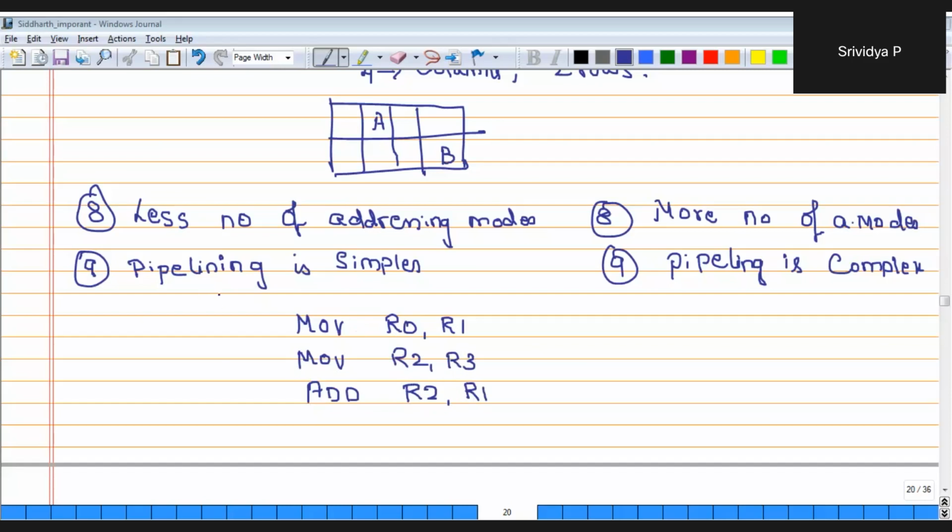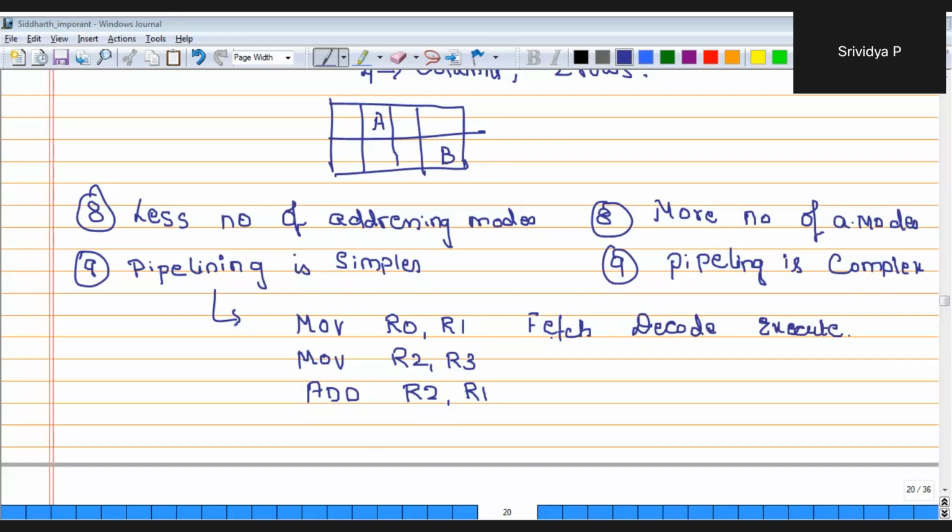If I have to execute this using a pipeline architecture, let's assume that each instruction takes 3 cycles. One is to fetch the instruction, one is to decode the instruction, another one is to execute the instruction. These are performed by different hardware units.